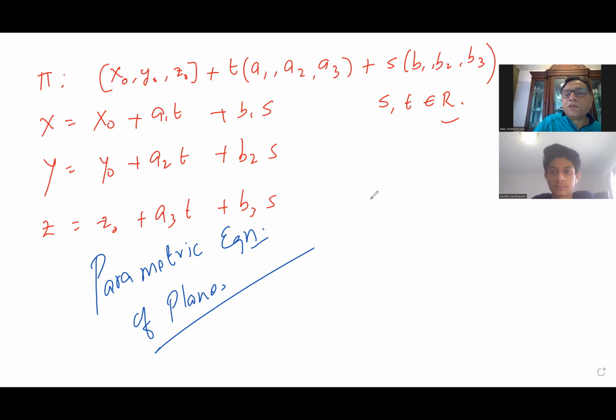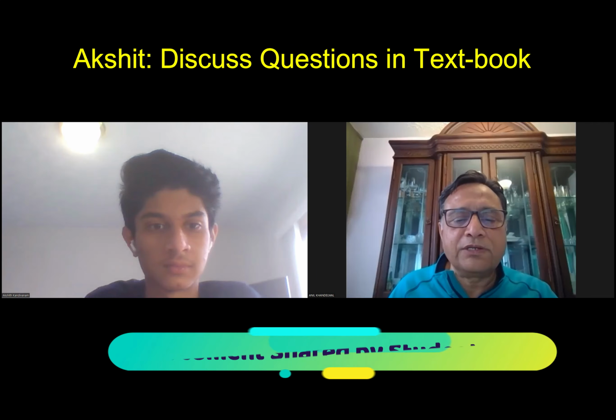Now, how do you distinguish between the equation of a line and a plane? We've got two parameters, so it is a plane. In the parametric equation of a line, there was only one parameter, right? So that is an easy way of distinguishing, because the names are similar and sometimes we get confused about it. Now we can discuss some questions in your book.